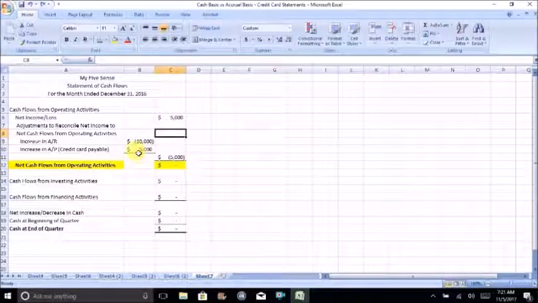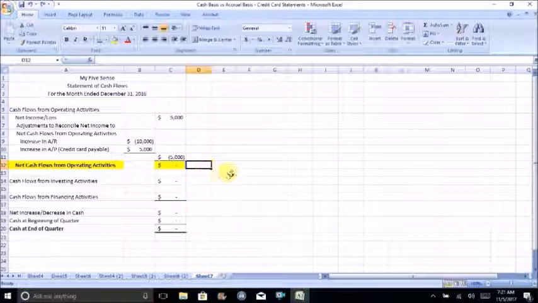So again, we're adding that back in. Doing that, we end up with net cash from operating activities of 0. We know that's right. That's correct as well. This is GAAP. This is accrual basis.